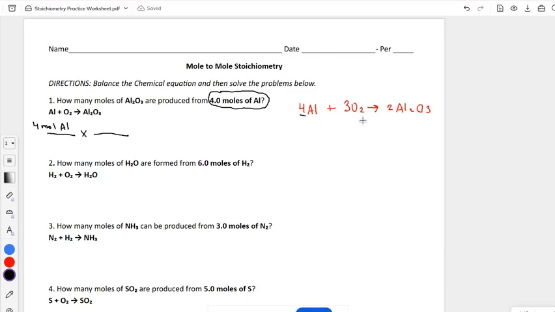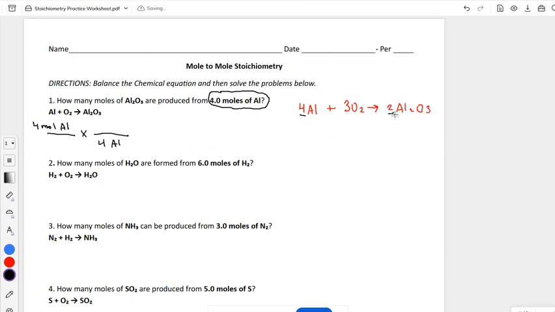Now we use the mole ratio: 4 moles of aluminum for every 2 moles of aluminum oxide. Since Al is on the top left, Al is going to go on the bottom right because we want to get rid of aluminum. Whatever unit you put on the top left goes on the bottom right. The number is 4, so it's 4 Al.